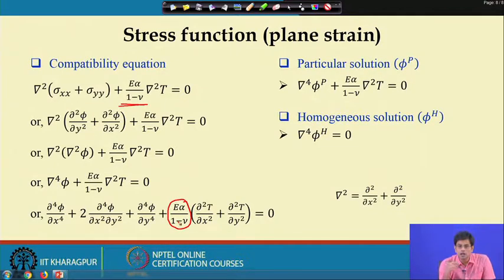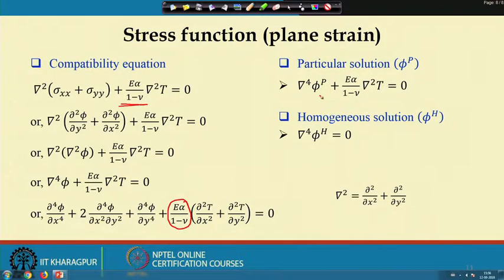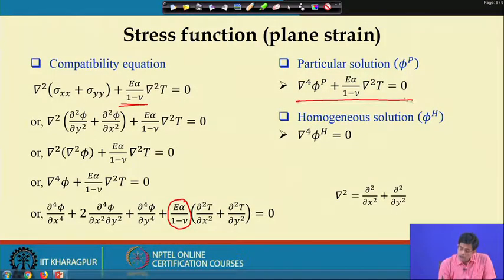Similar to the plane stress case, the biharmonic equation will have two parts of the solution: one part is the particular solution, another part is the homogeneous solution, and the sum of these two solutions is the actual final solution. So this is, in a nutshell, the plane stress and plane strain formulation for thermoelastic deformation.